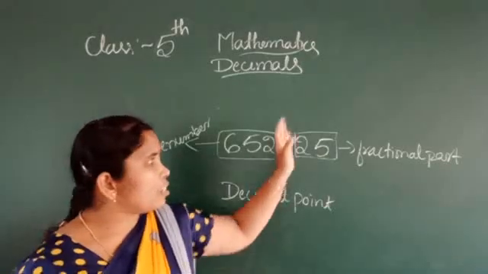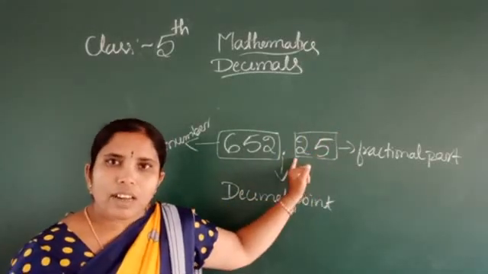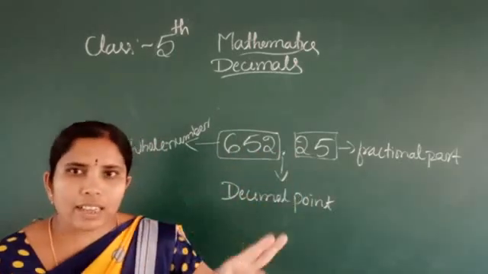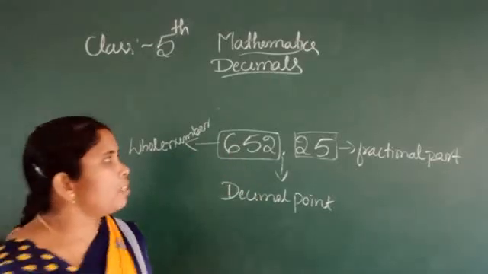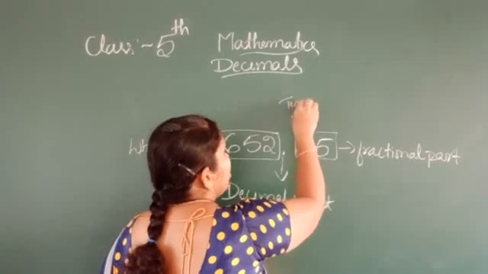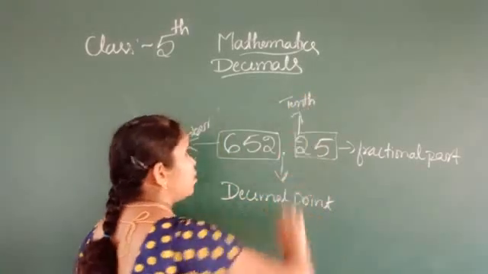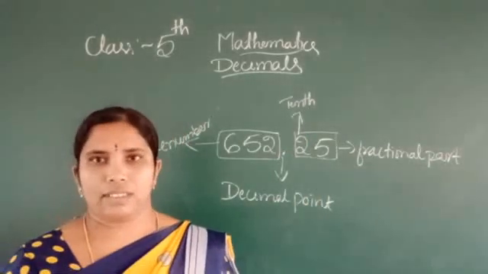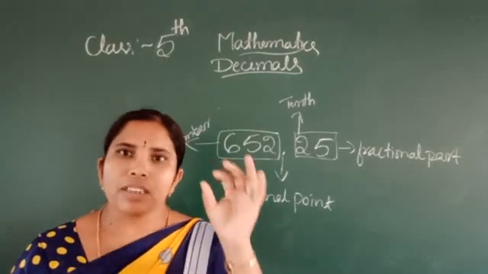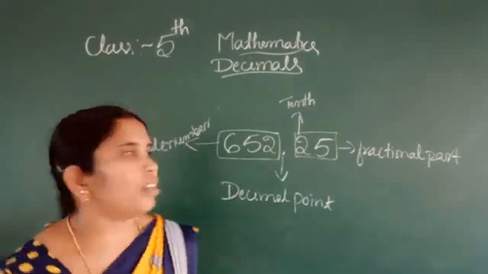After the decimal point, the first digit is called tenth. Tenth, not tens. Tenth place means 1 by 10.